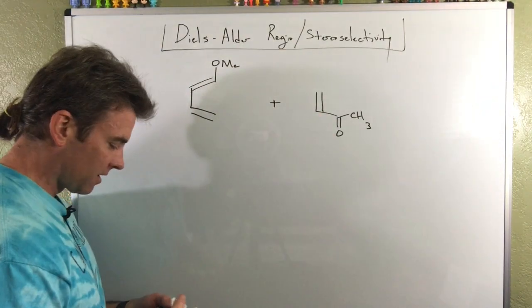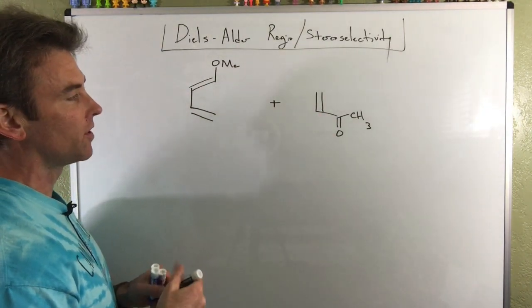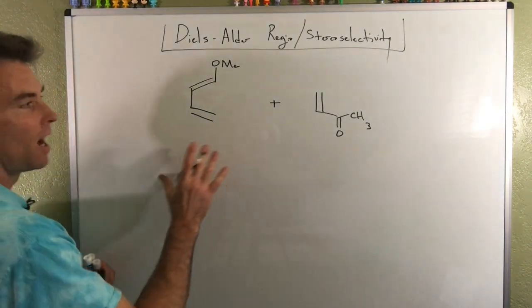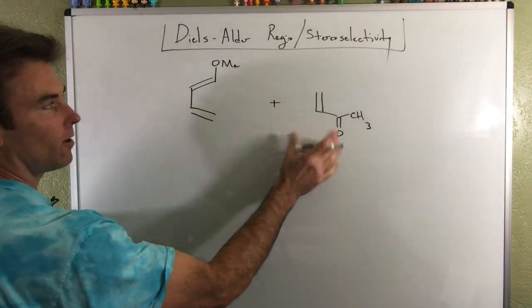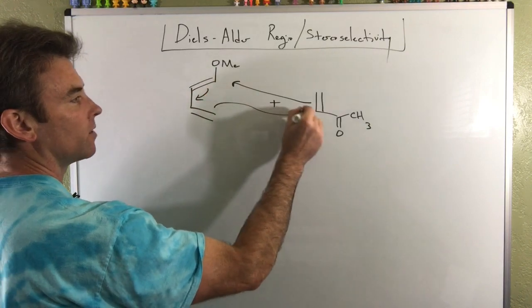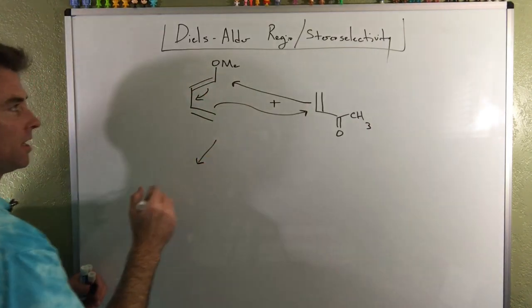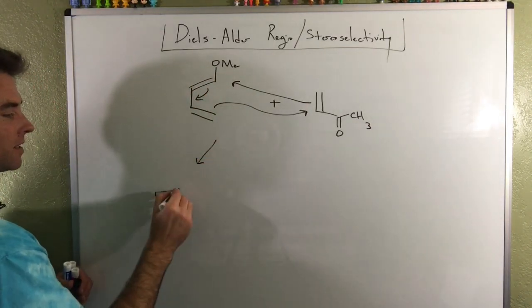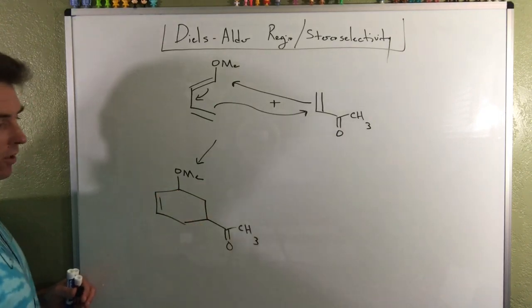It's tough to see unless we draw it, so let's draw the two possibilities. I could react exactly how I have these situated, which would give me a product that looks like that.